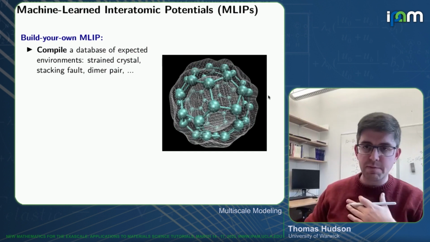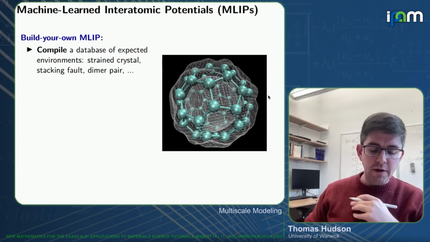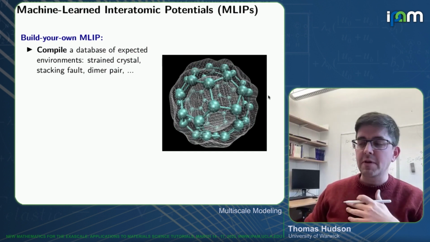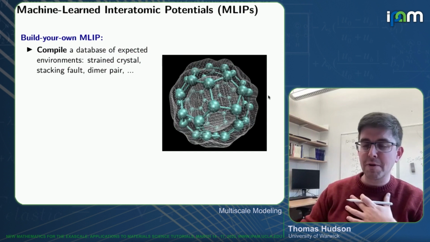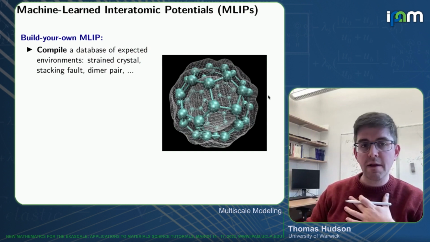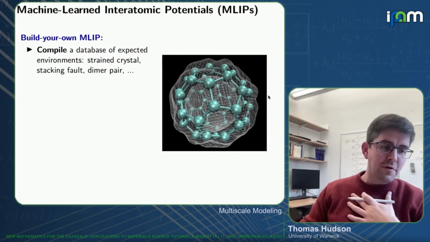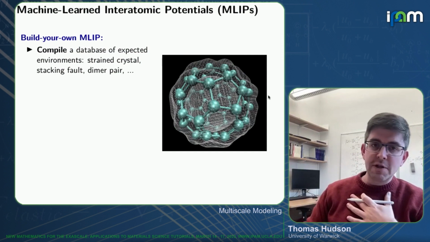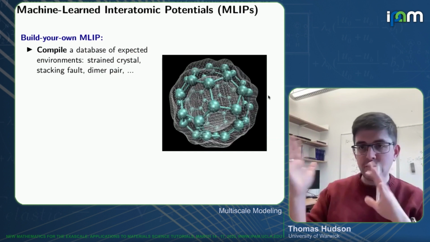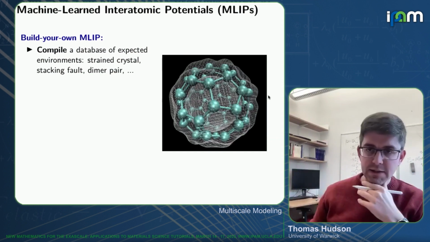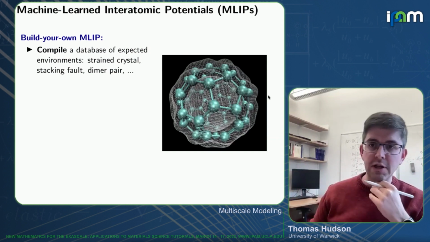And here there's expert knowledge required, typically, because you need to know something about the properties of your material that you would like to be convinced that your interatomic potential is going to accurately replicate. So, for example, if you're talking about some kind of crystalline material, you might want to include lots of strained crystal states to work out what the elasticity is and include that in your database.